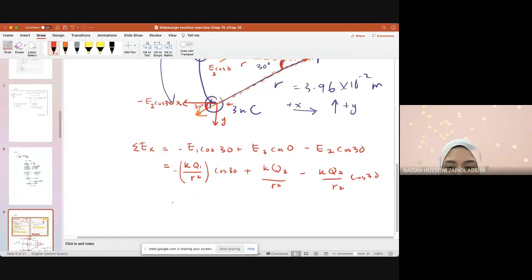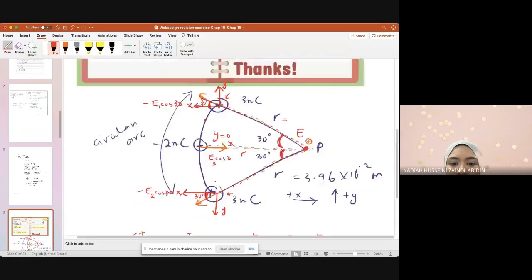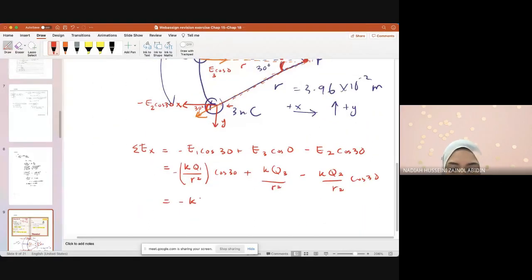Okay. So now kita akan substitute. So minus K, Q1 is 3 nanocoulomb over, what is R? 3.96 times 10 to the minus 2. Saya akan factor out je lah sebab semua ada R squared.